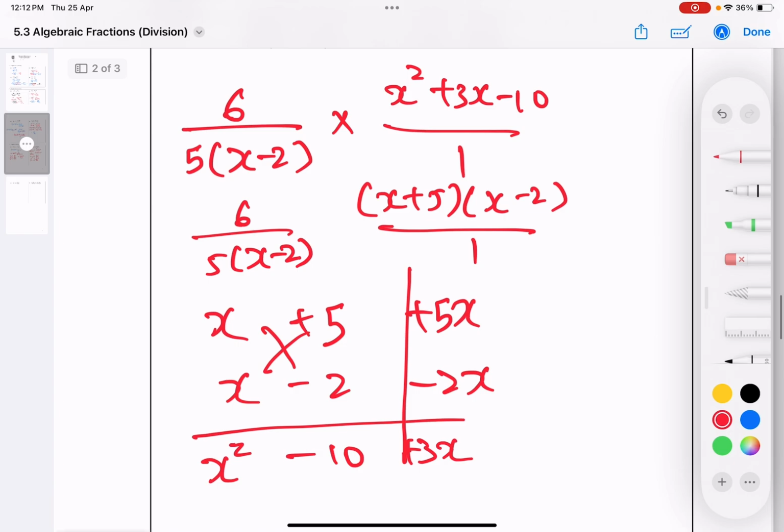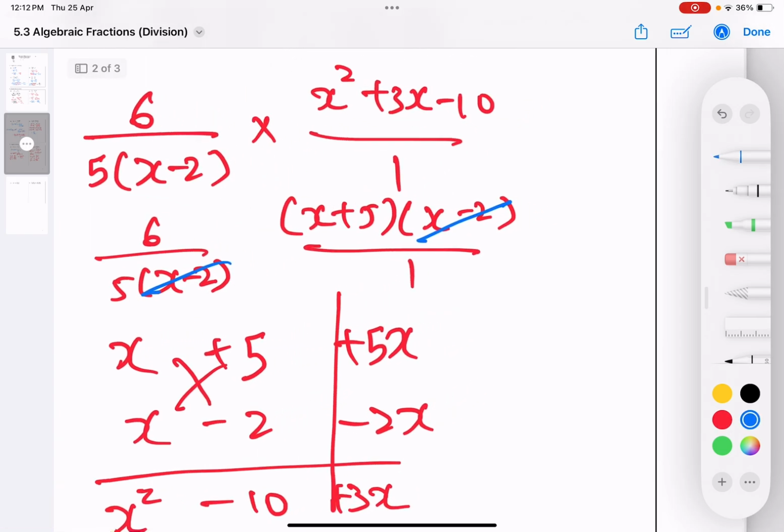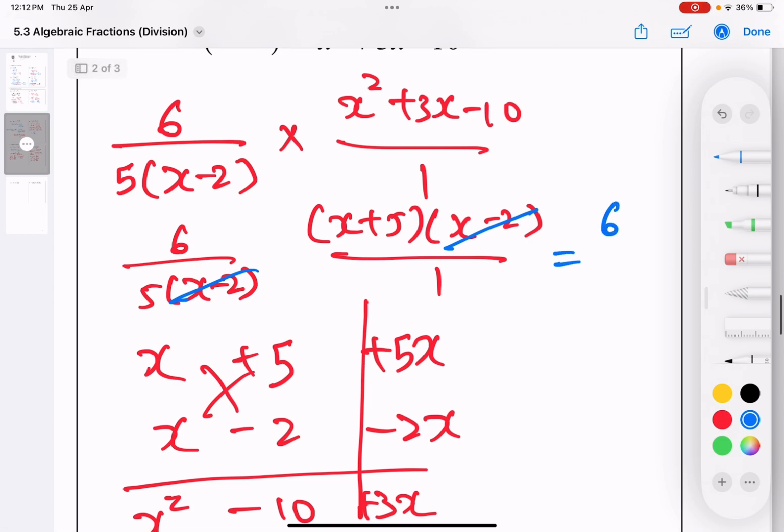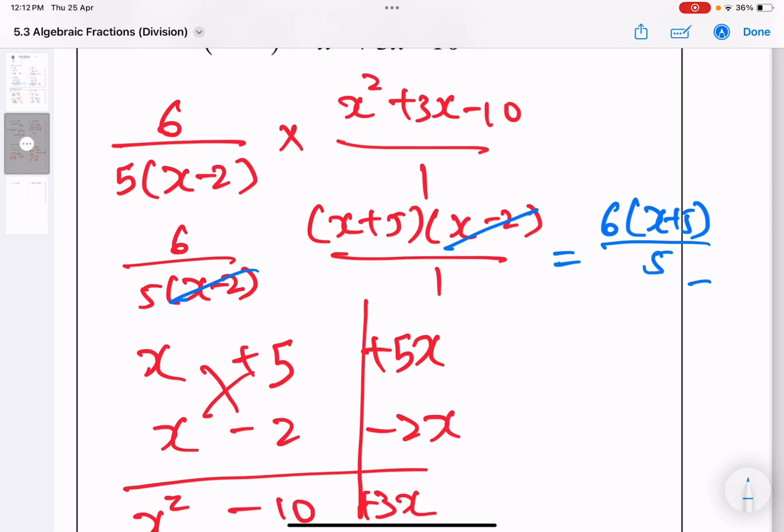So all I have to do is just cancel the same terms. So my final answer is just 6 times x plus 5 over 5. That is my final answer. So step 1, factorize. Step 2, cancel away.